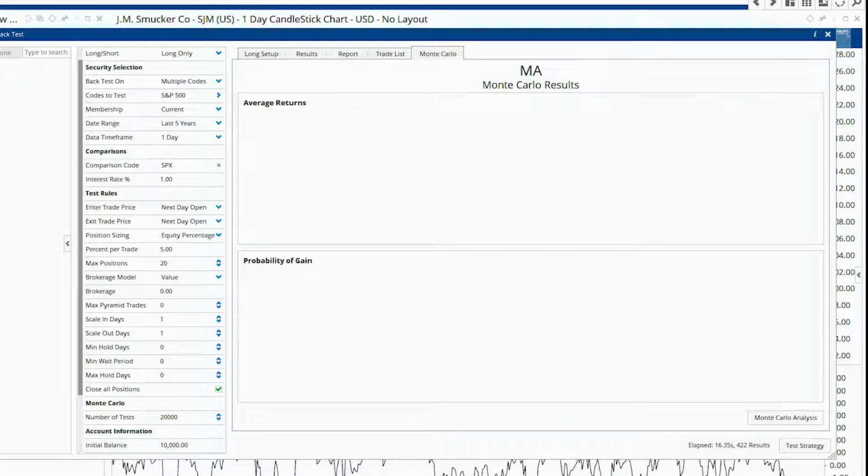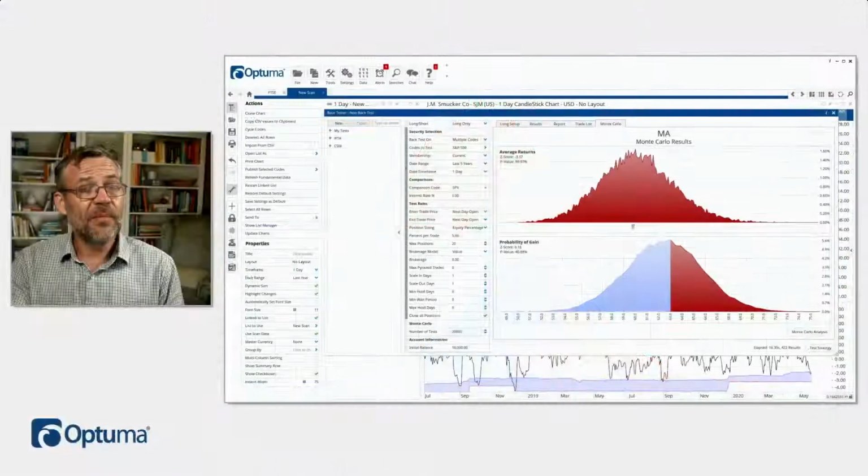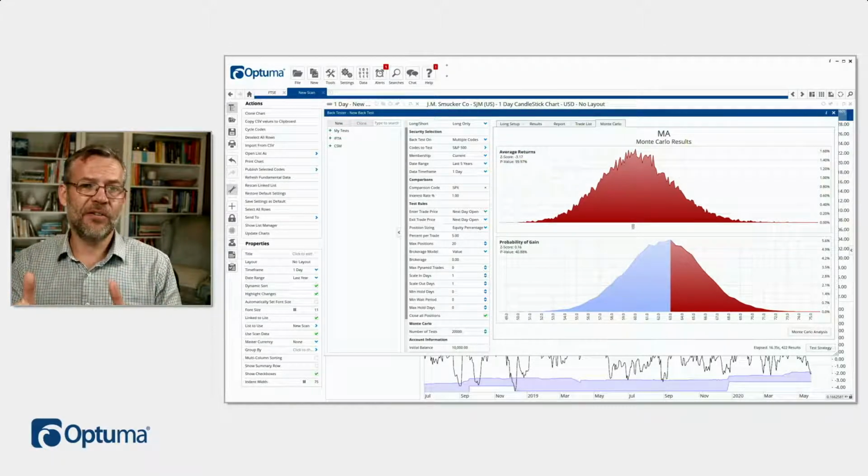Final one is Monte Carlo. Now this one takes a little while, so let me just start this button. That's why we have it on a separate tab. So the idea behind Monte Carlo is saying, let me randomize the security that I would have bought, the actual start time of my trade, but I want to keep my exposure to the market the same.